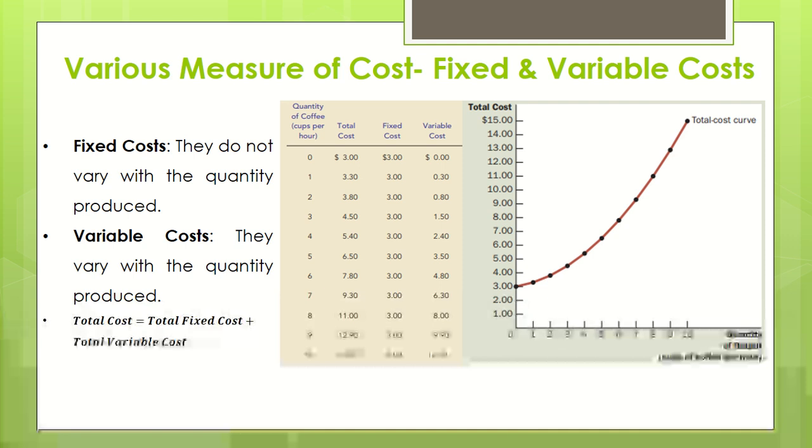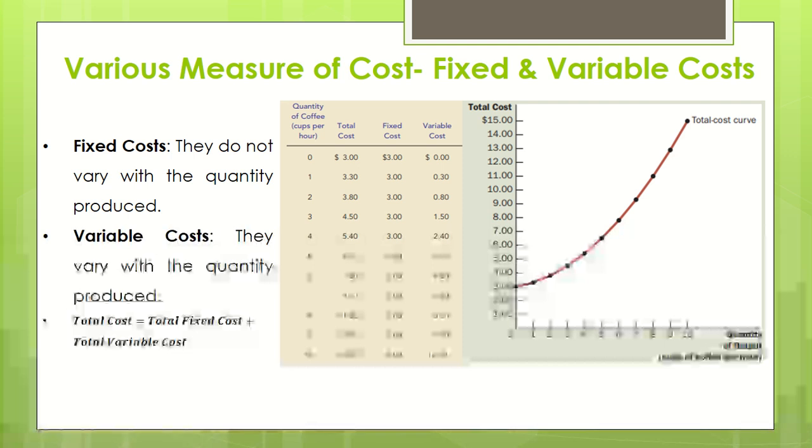Now we can say that fixed costs are those costs that do not vary, that means they do not change with the quantity produced, and variable costs are those costs that do vary, that means change with the quantity of output produced.